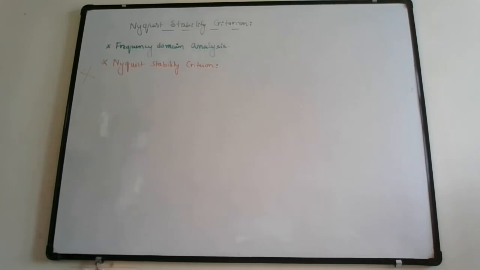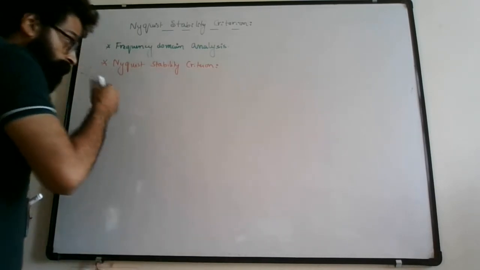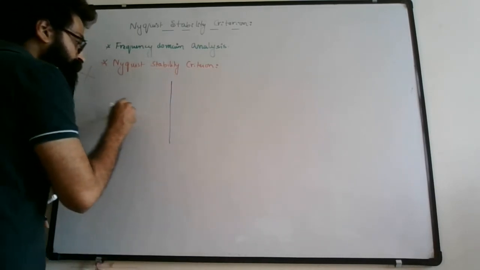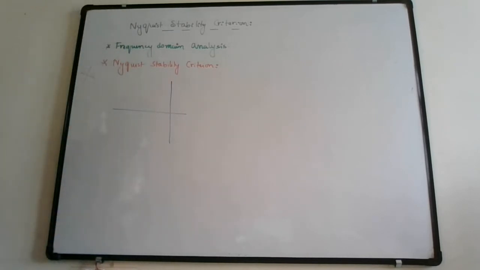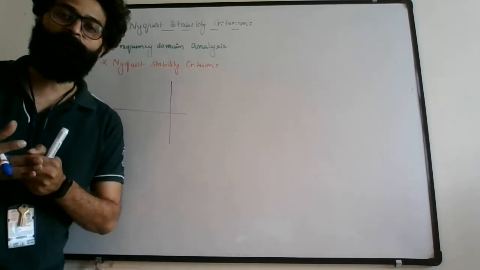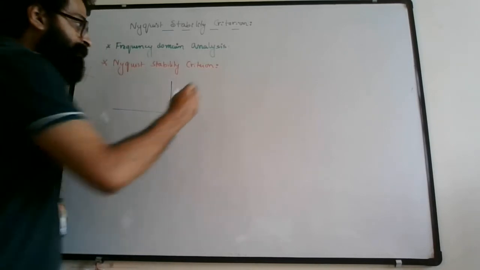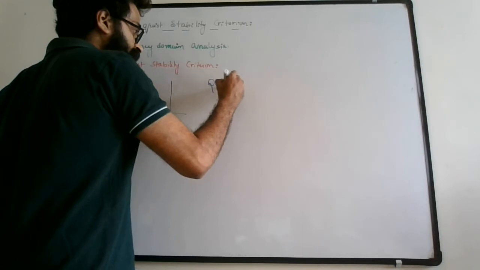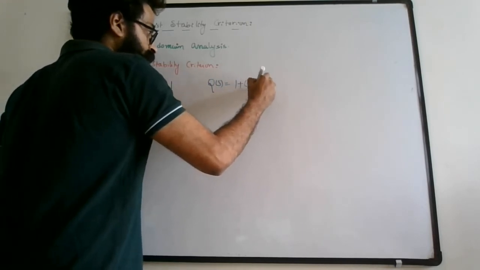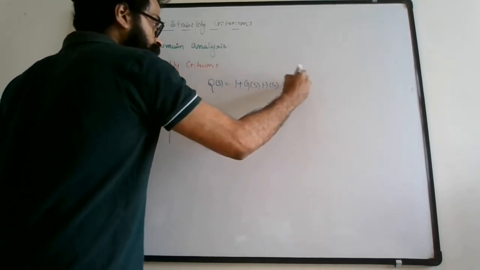Okay. So for the Nyquist stability criteria, what we do is we define something known as the critical point. The critical point is basically obtained from the magnitude and angle condition, right? You remember that Q of S, which is 1 plus G of S into H of S, is equal to 0.